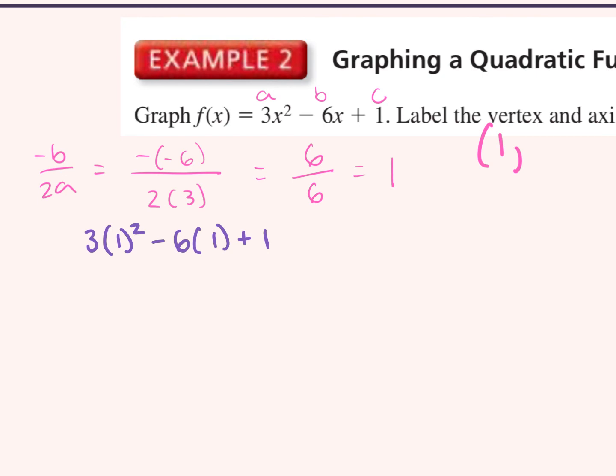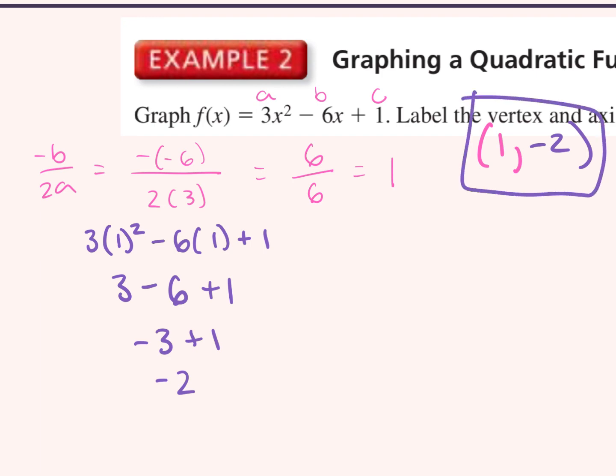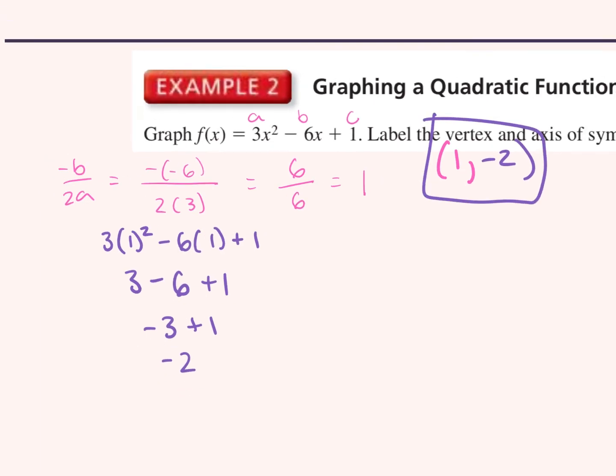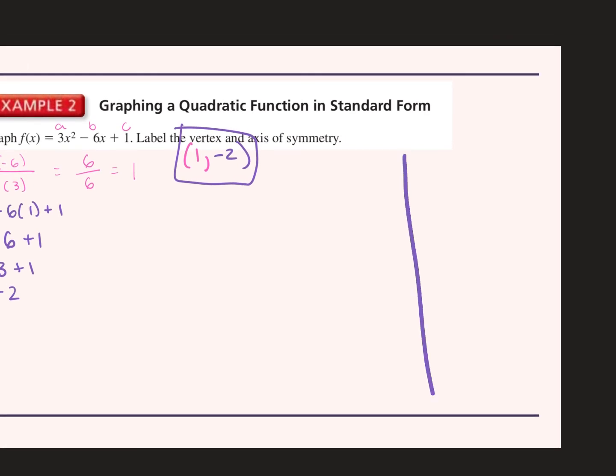So 3 times 1 squared. 1 squared is 1, and 3 times 1 is just 3. 6 times 1 would be 6 plus 1. 3 minus 6 is -3, and -3 plus 1 would be -2. So my vertex is 1, comma, negative 2. So I'm going to graph my vertex. I'm going to go to the right to positive 1 and down to negative 2.